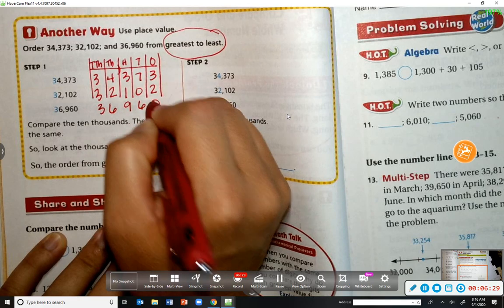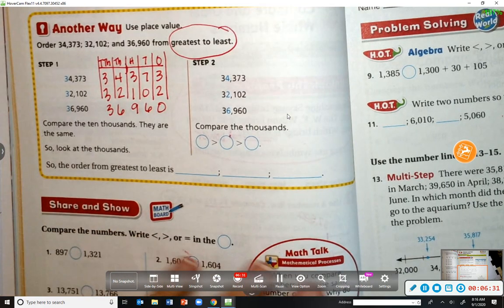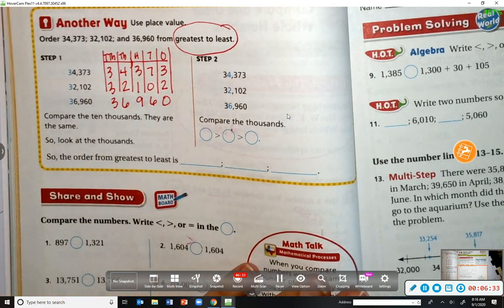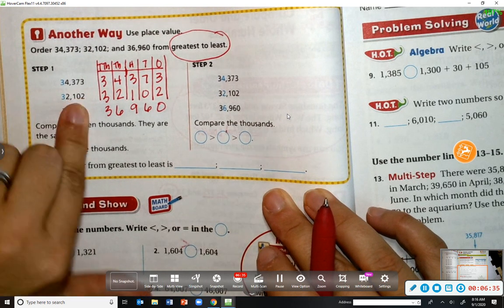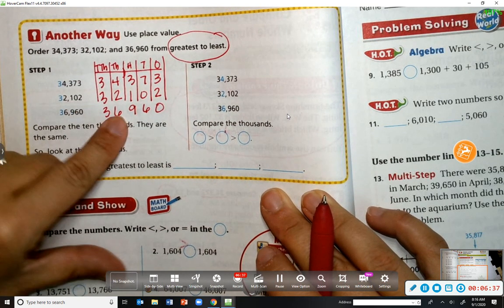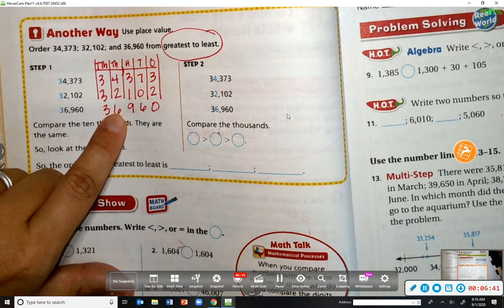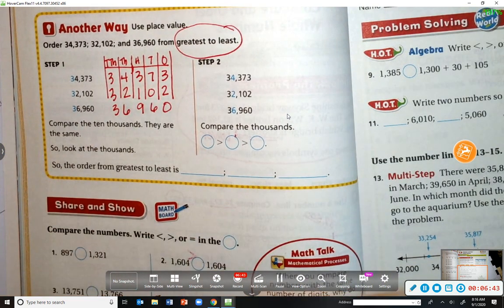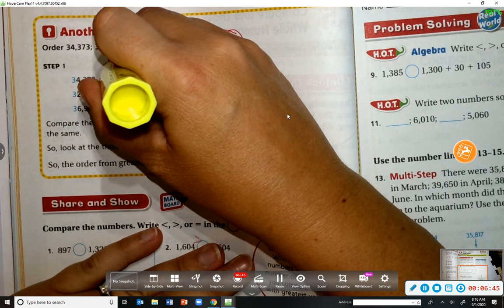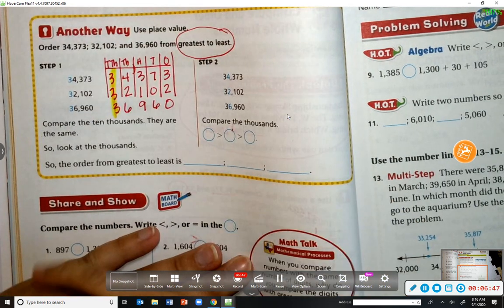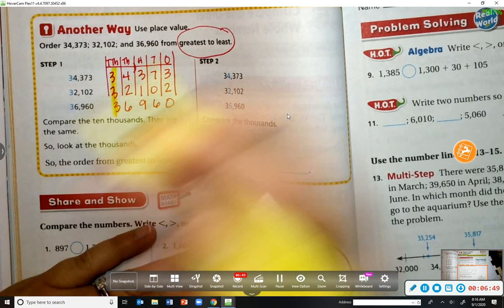36,960. So kind of like what we're doing for ABC order, we have to start from the left, and if they're the same, we got to go on to the next number to see which one's the greatest. Okay, so I see that all the first digits are the same, so I can't tell which one's the greatest or the least.